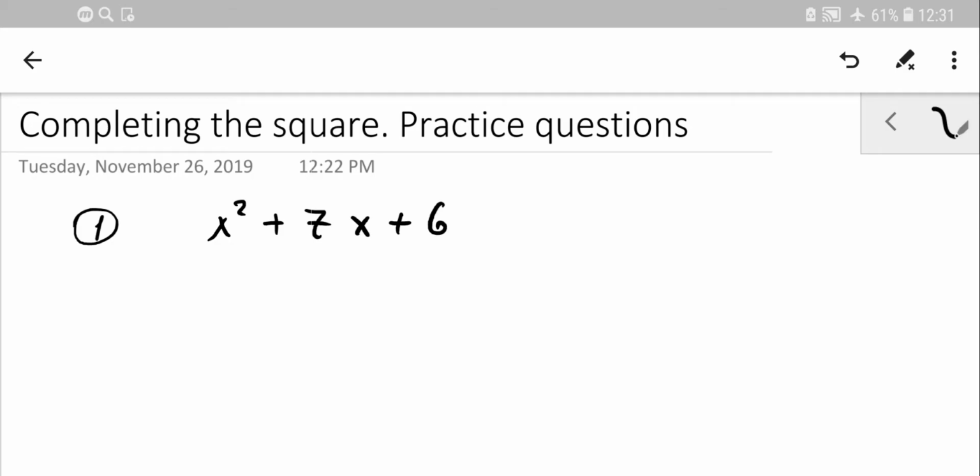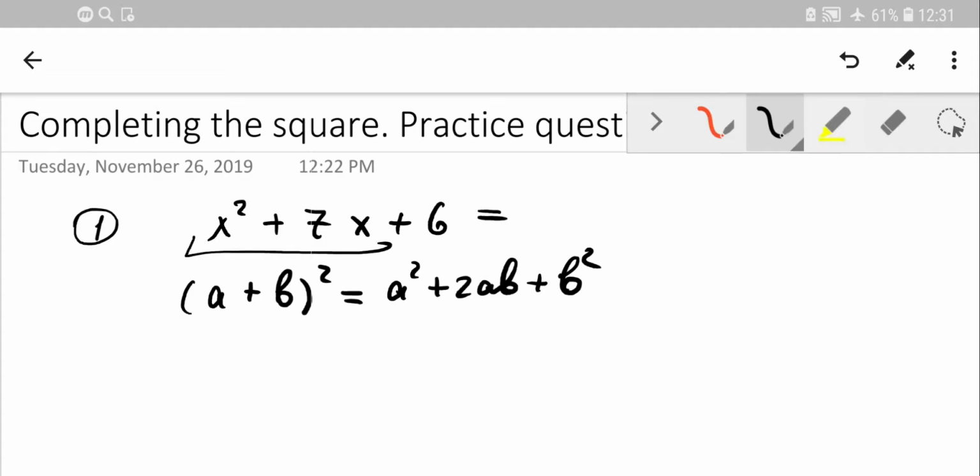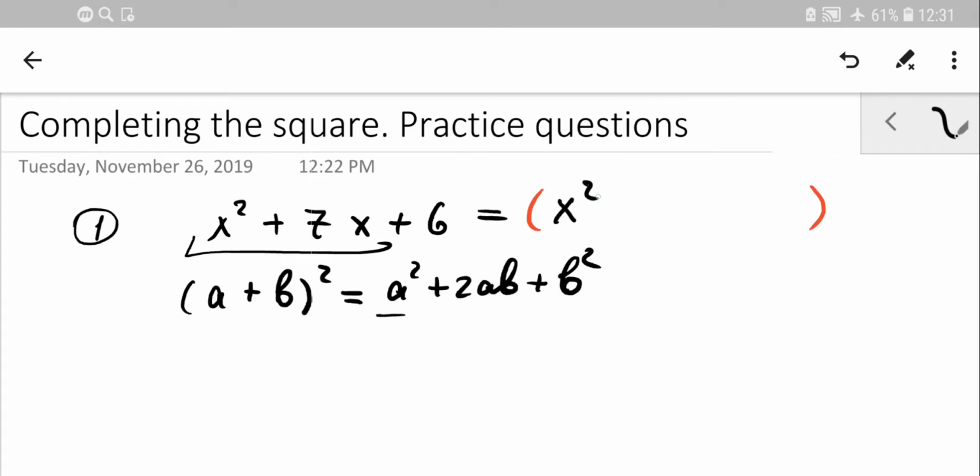In this case I'll use method 1, just using the formula a plus b squared, which is equal to a squared plus 2ab plus b squared, and I'll try to arrange this part into a complete square. So that's the expression, let's see what we have. According to the formula, we need x squared, then 2ab, so 2x times b.